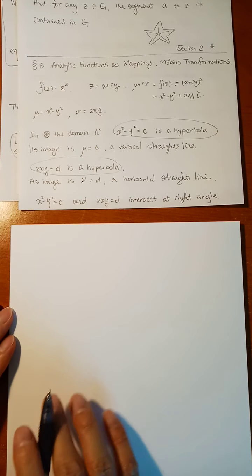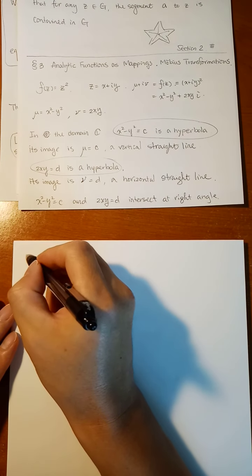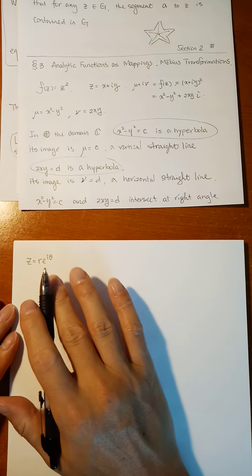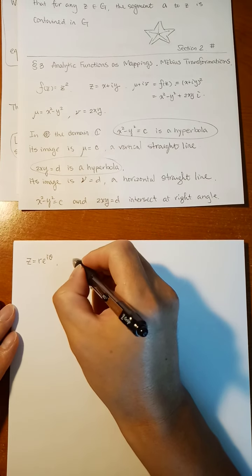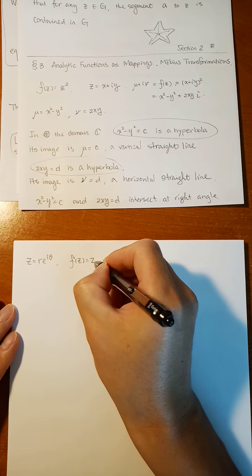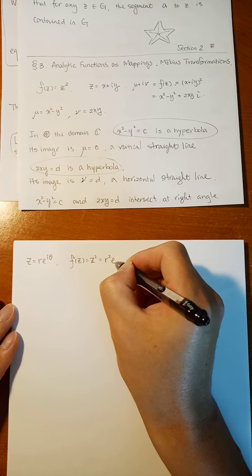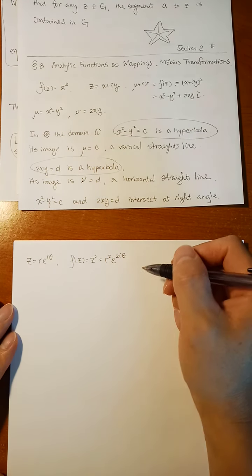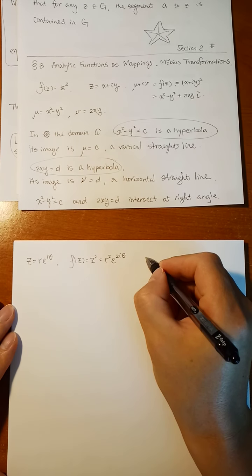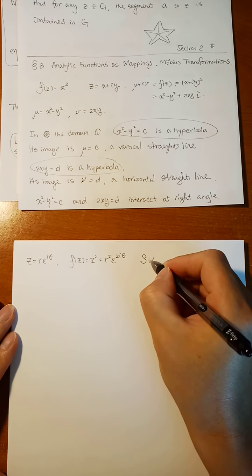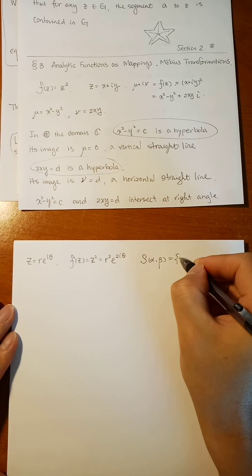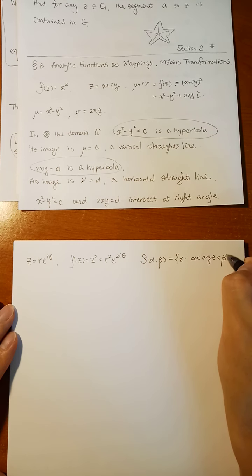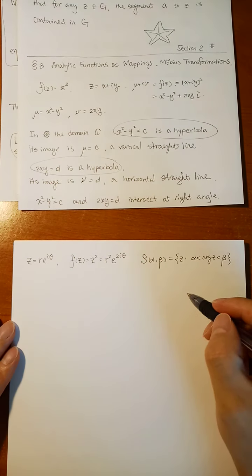And another thing, let's see, assume z is re^{iθ}. The same function, f(z) = z squared is r squared e^{2iθ}. So if we have the region S(α, β), which is the set of z with α less than argument of z less than β, so a sector.